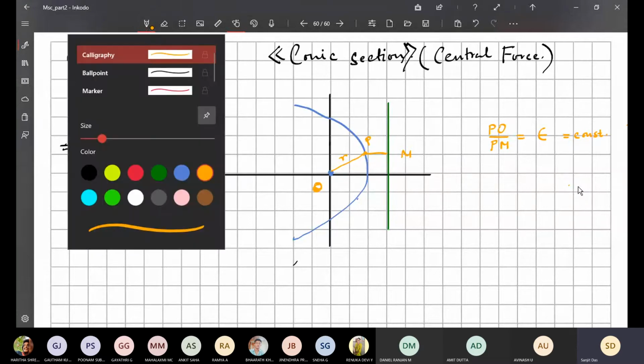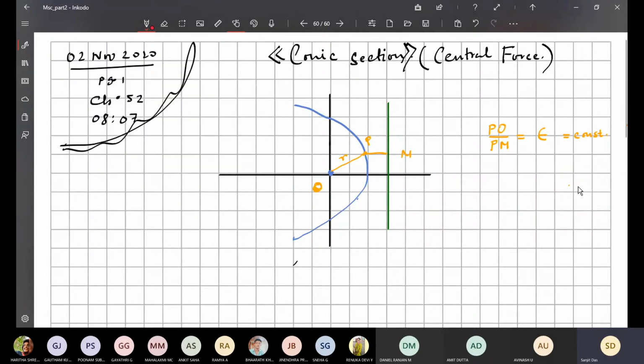Now, if I go from P to some other point, let's say P prime, can you tell me how this epsilon will change? I have this position called M prime, and of course this focus is not going to change, so I can join it. So in this case, what will be the epsilon?